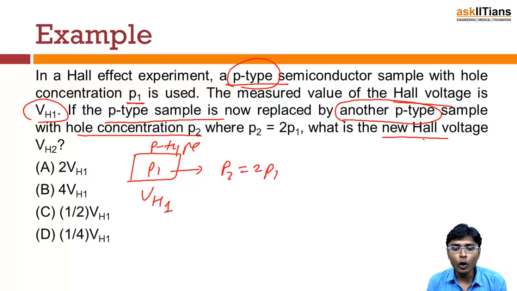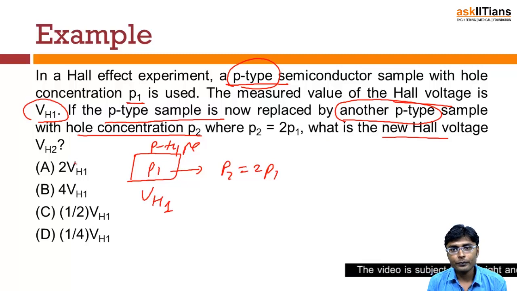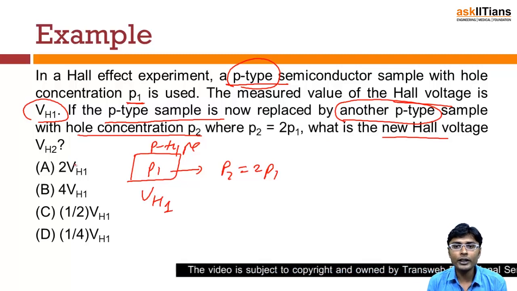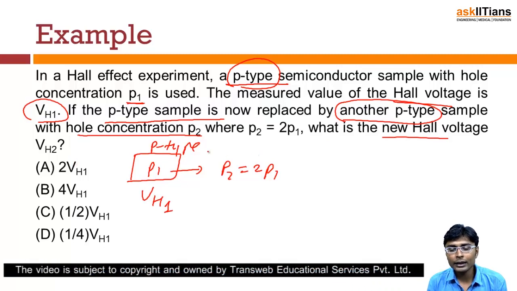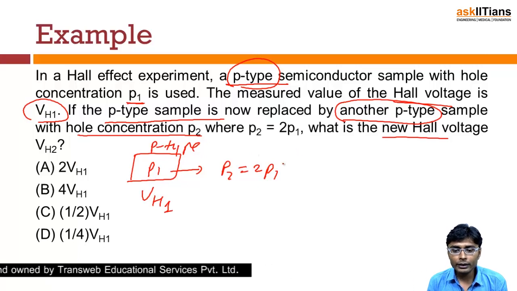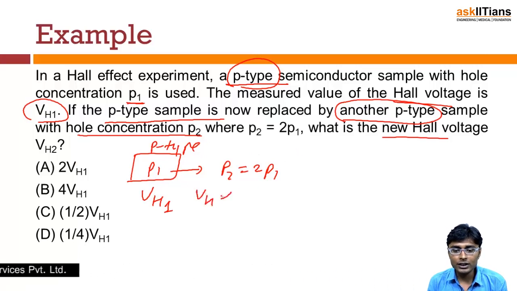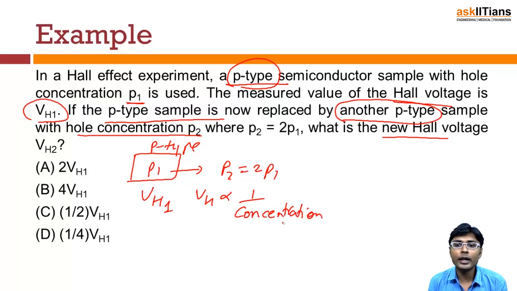So what is the new Hall voltage? We have to determine the Hall voltage for the other p-type sample. We know that the Hall voltage is inversely proportional to the concentration. This we have seen from the formula. So V_H2 divided by V_H1 will be equal to P1 by P2.